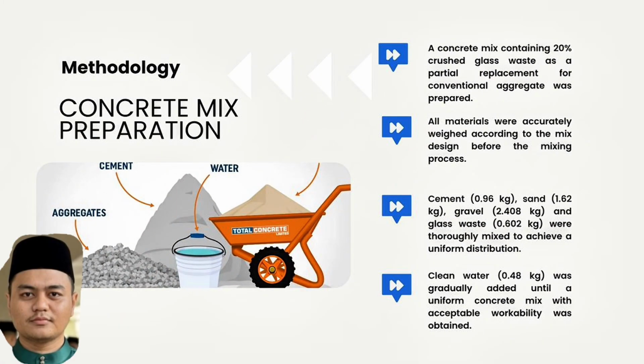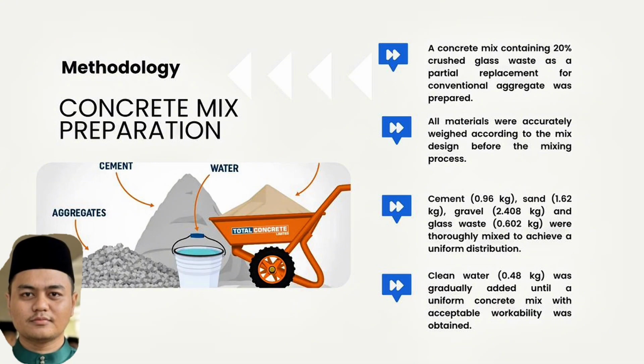Next, we go to concrete mix preparation. A concrete mix containing 20% crushed glass waste as a partial replacement for conventional aggregate was prepared. All materials were accurately weighed according to the mix design before the mixing process.